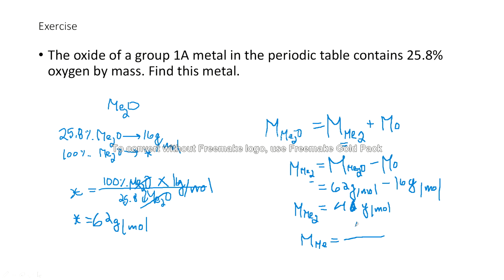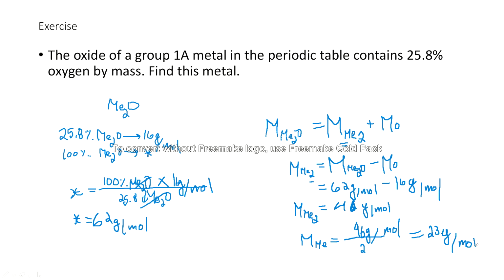So it will be 46 grams per mole divided by 2. At the end we have 23 grams per mole.